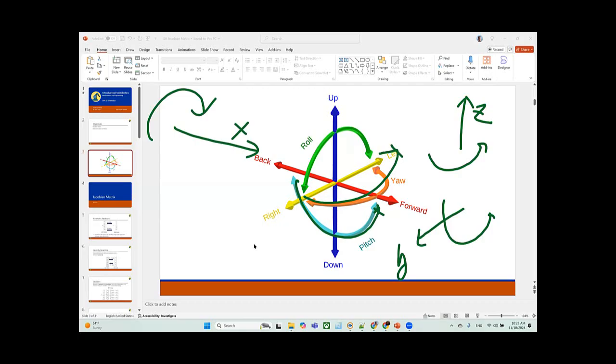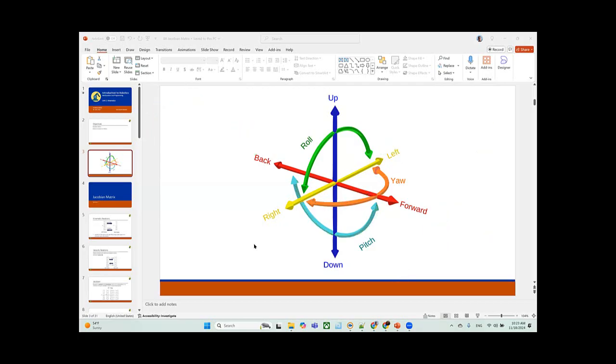So when you have an airplane, many of you are in the aviation college, you have movement in the x direction, the y direction, and the z direction. That's x, y, z movement.